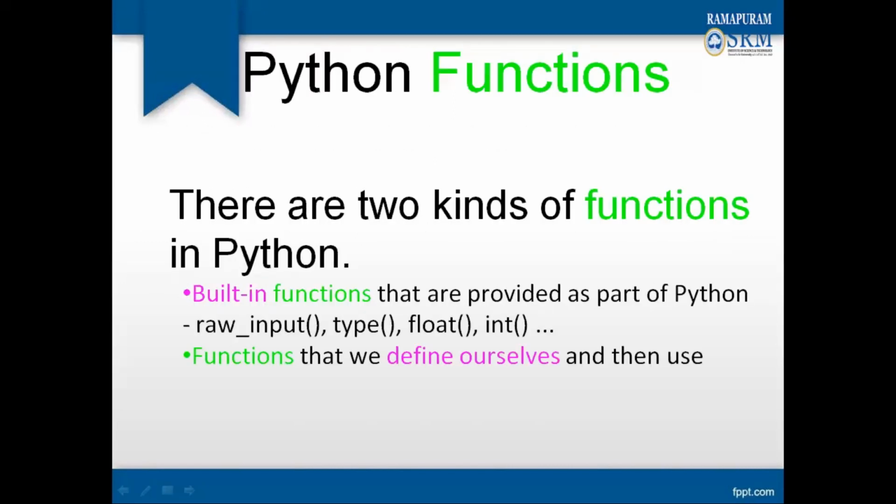In Python, there are two types of functions. One is the built-in function, and the other is defining our own function. Built-in functions, for example, raw input. Input, which we used the day before, is a built-in function. We used that function for getting input from the user. This is a default function, and we call it a built-in function. Integer, we converted into integer, right?